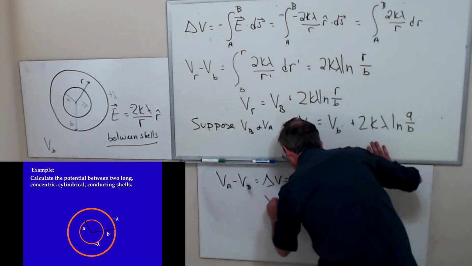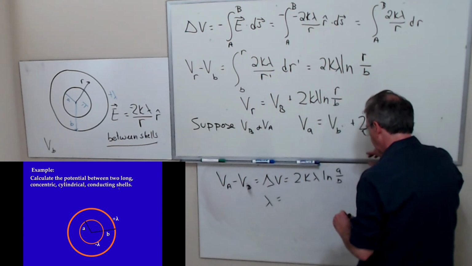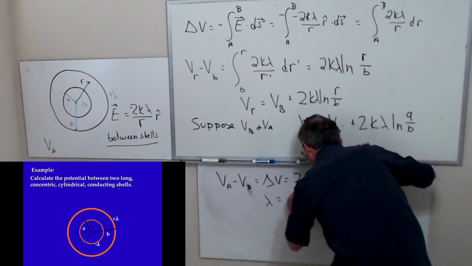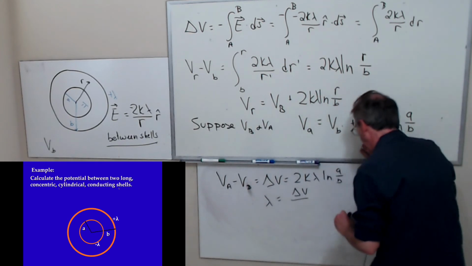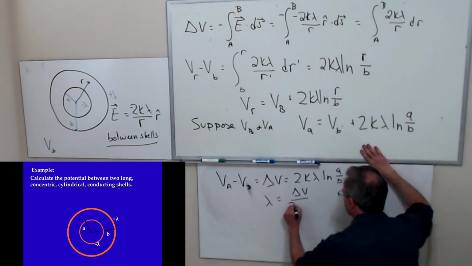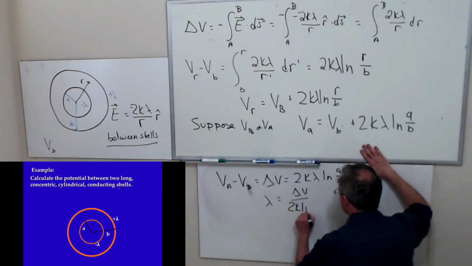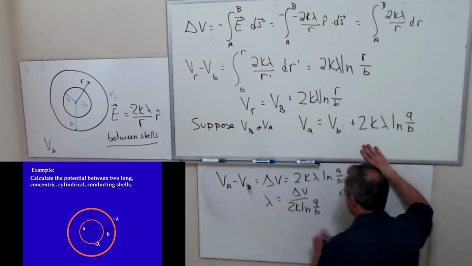And so lambda is equal to delta V over 2k natural log of a over b.